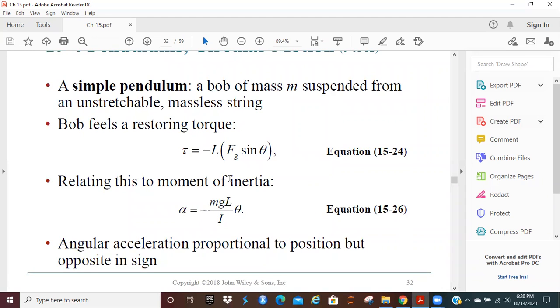If you relate that to the moment of inertia, then you find out that alpha, the angular acceleration, is going to be equal to minus mgL divided by the moment of inertia times theta. So if you make the replacement here and solve, you can come up with theta.